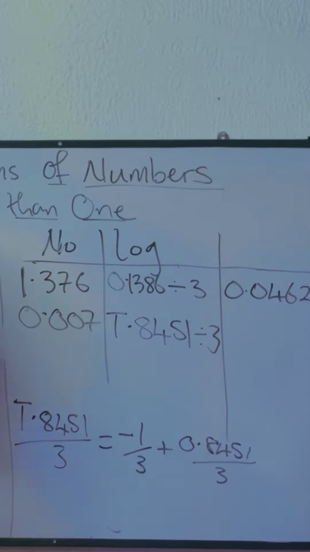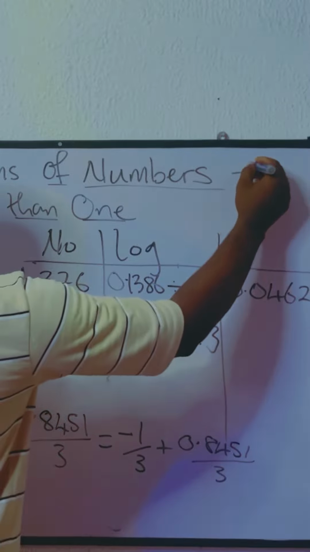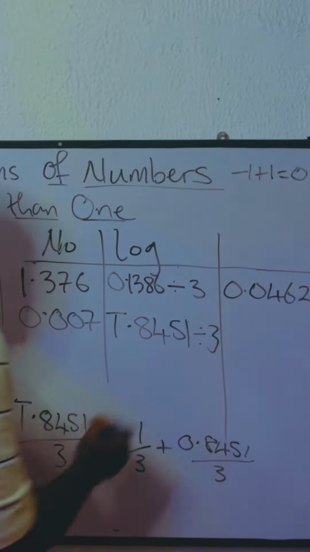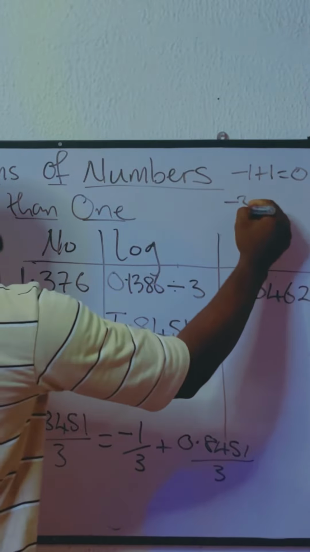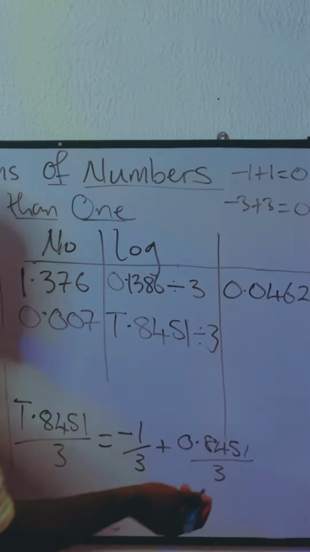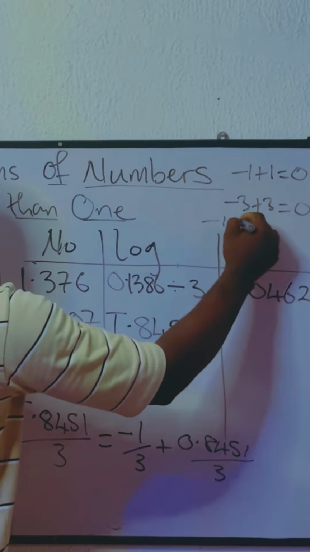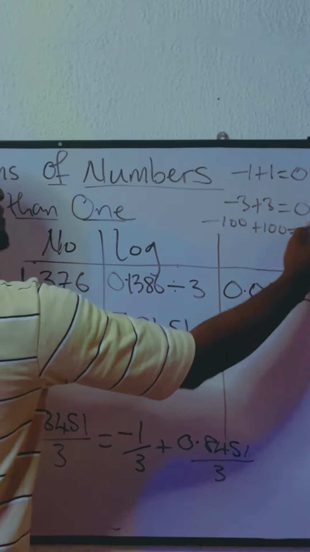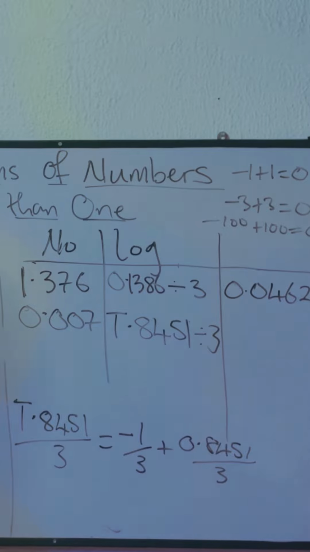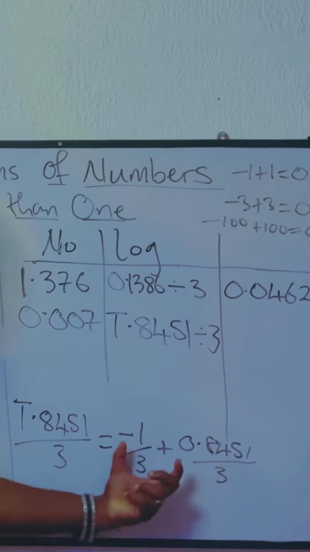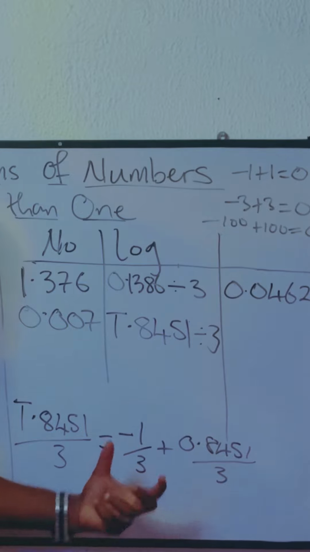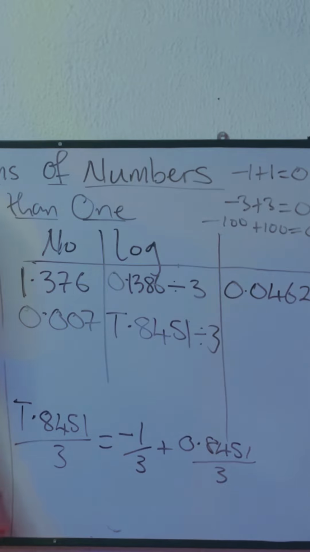Now remember, if I say minus 1 plus 1, that gives me 0. If I say minus 3 plus 3, that gives me 0. If I say minus 100 plus 100, that gives me 0. So I am going to add 0 to these expressions so that it doesn't change anything, but I'm not going to use the number 0.